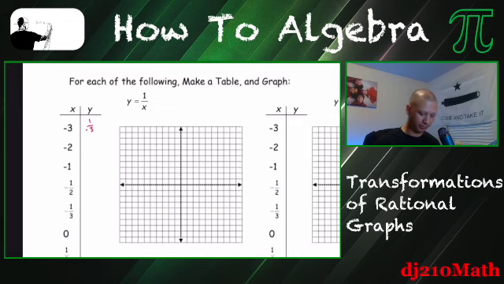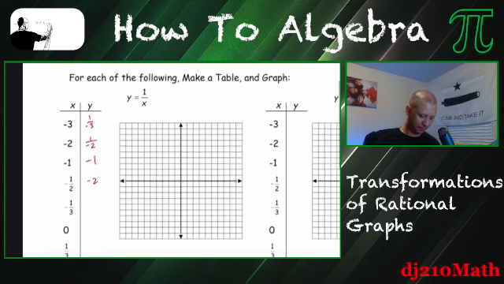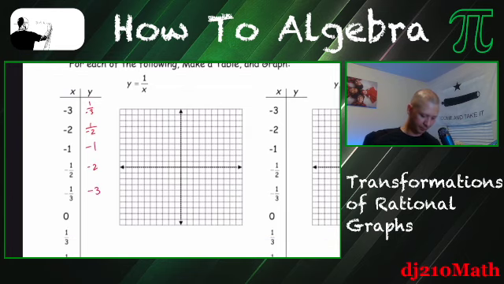And then again, you can fast forward through this or pause it and fill this in. 1 over -2, 1 over -1, which is basically -1. 1 over -1/2. That's going to flip the denominator to -2 basically. This is going to be -3.